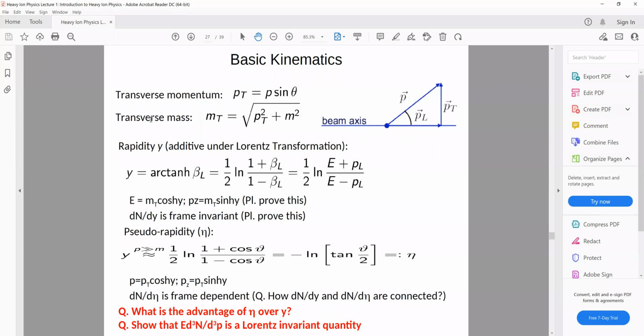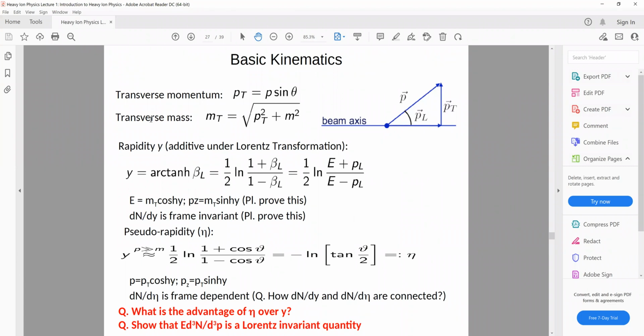Then you define the transverse mass mt, where mt is equal to square root of pt squared plus m squared. Okay. So the rapidity y, rapidity is additive under the Lorentz transformation. The rapidity you define as tan hyperbolic inverse of beta L, or half ln of (1 plus beta L) by (1 minus beta L), where beta L is the longitudinal velocity of the particle.